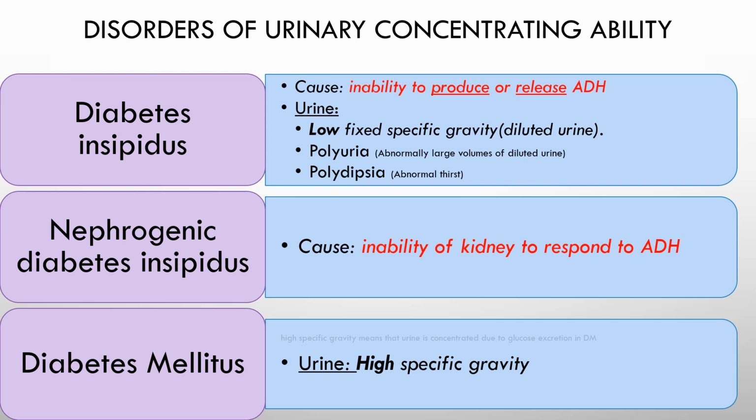The symptoms will be polyuria and polydipsia, and they will have low specific gravity and diluted urine. Nephrogenic diabetes insipidus is the receptor defect. It is the inability of the kidney to respond to the antidiuretic hormone.